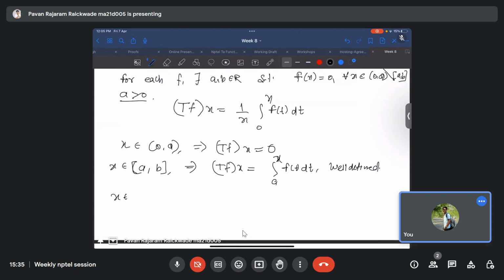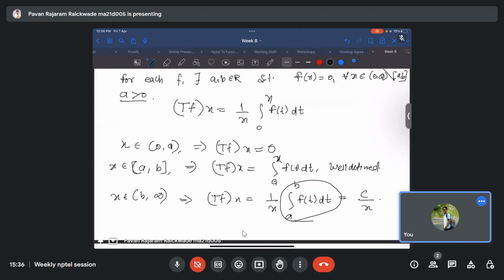And if x belongs to (b, infinity), then what do you have? Tf at x will be equal to 1 by x integral, it will be 0 to a, which is anyway 0, then a to b, then after b it's again 0. So again the integral of f(t) dt. If you call this integral some c value, then this is just c by x.